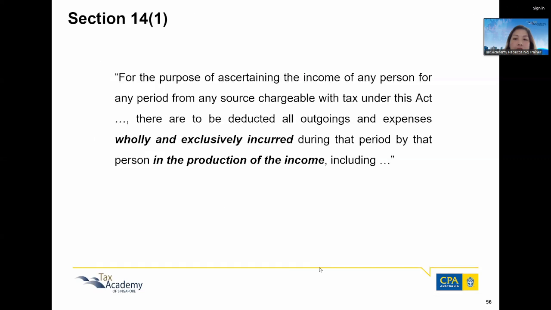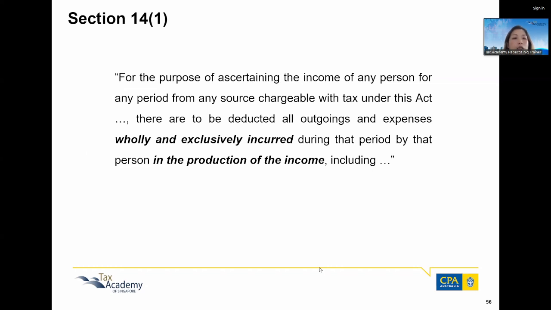X must be blocked. Okay, so we have been talking about the general deduction formula. So what exactly is that formula that we are talking about? Let's look at Section 14(1) in the Income Tax Act 1947.